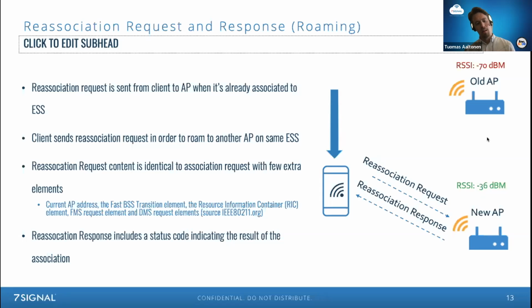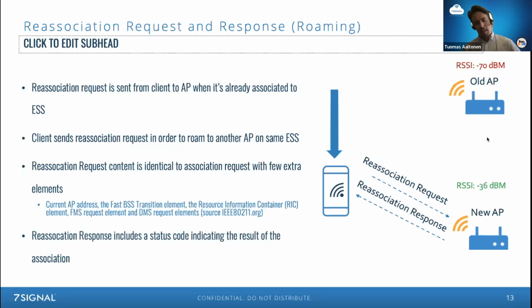Like it's also telling the current AP address, to which access point it's currently associated, so that this new access point knows to negotiate the handover from the old AP to the new AP, which happens then on the Ethernet between these two access points and the controller.